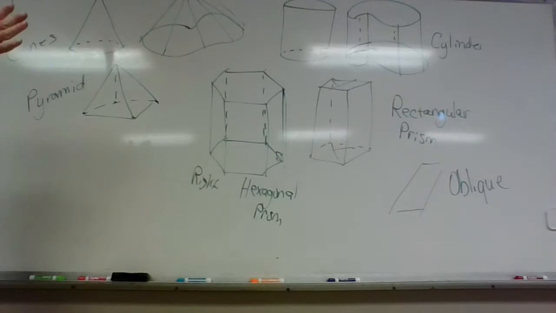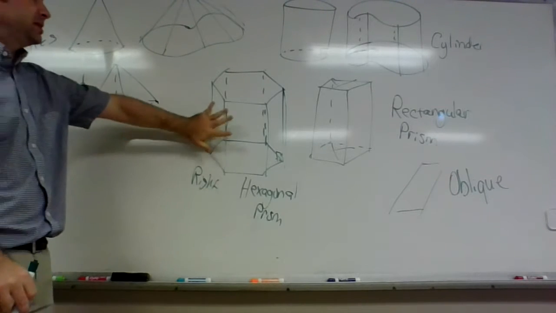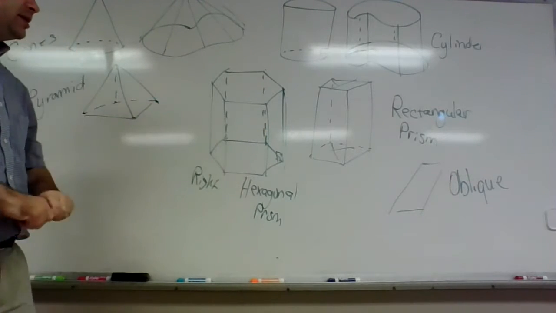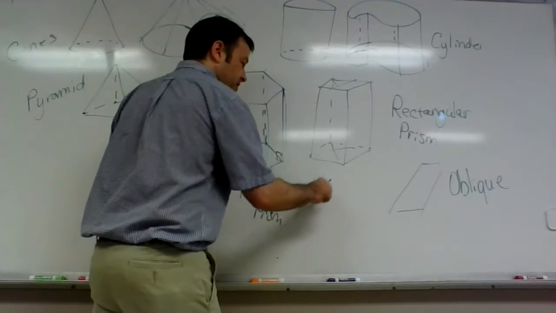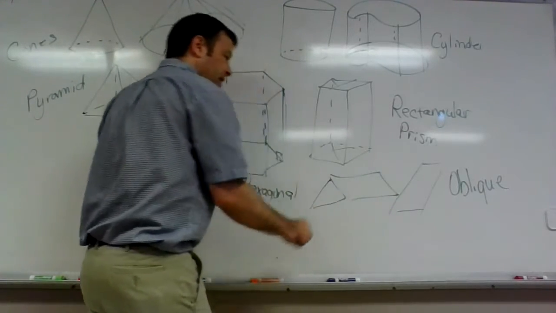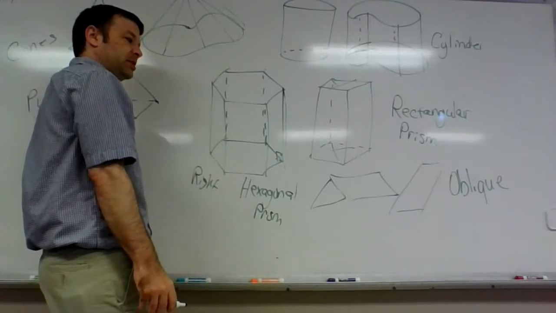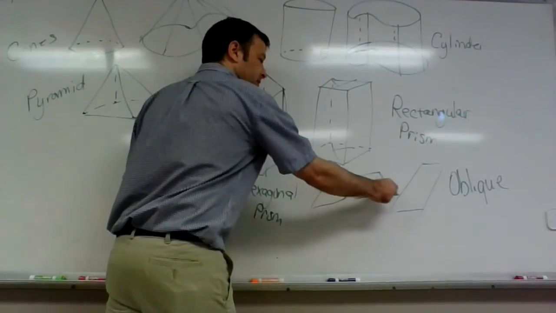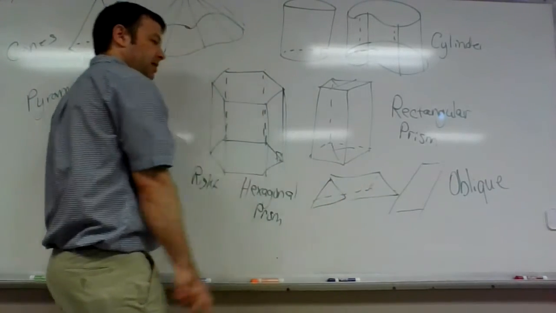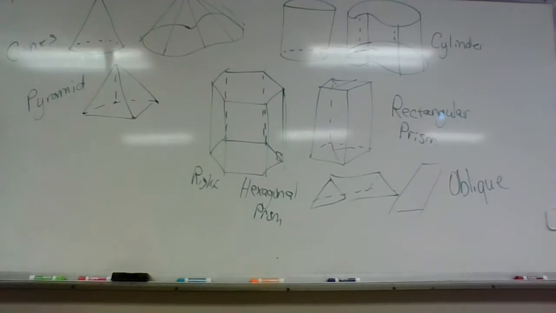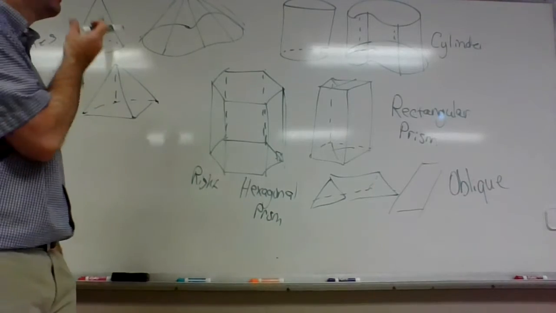Lateral means not the bases, basically. Now it could be laying down, like for example, this is a triangular prism, okay? So the triangle is on the front and the back. Anyway, so it can look different ways.